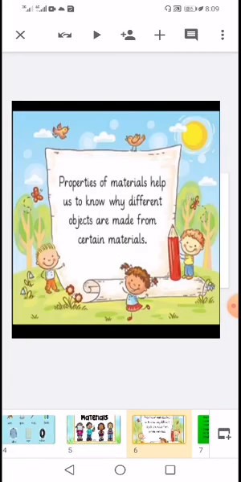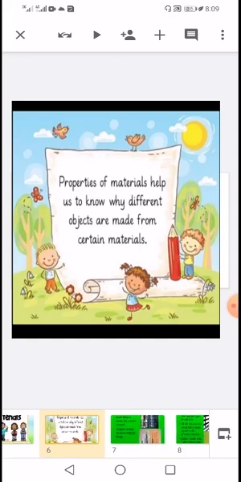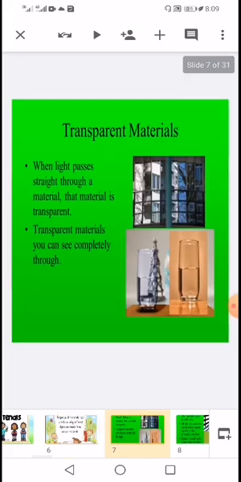Properties of materials help us to know why different objects are made from certain materials. So we have transparent materials, and it is the property of glass. Glass is a transparent material because it allows whole light to pass through it.